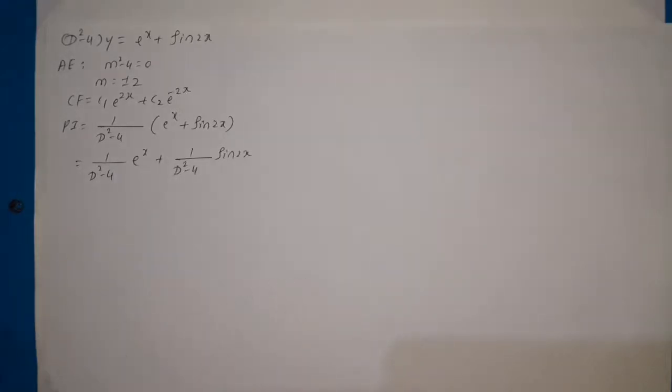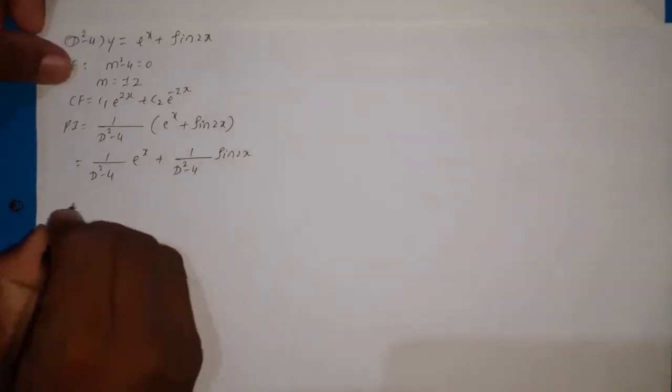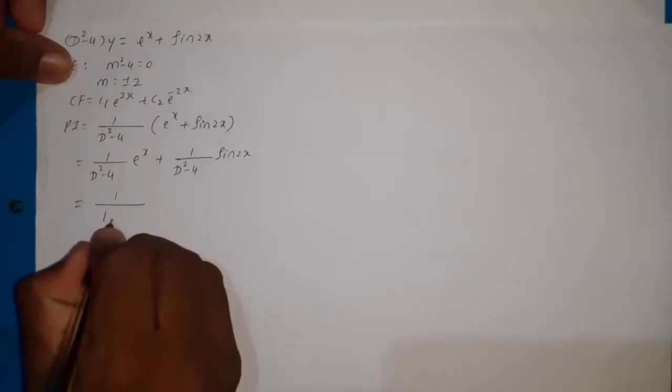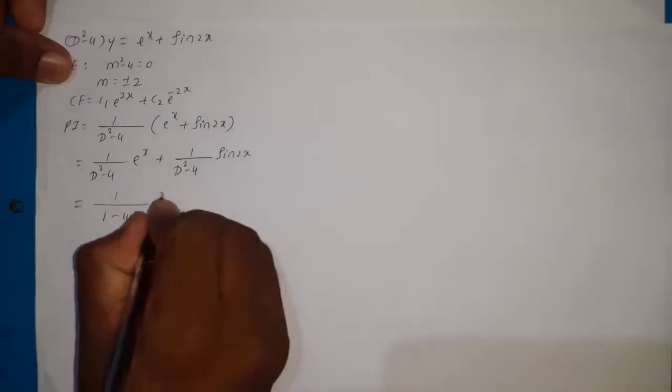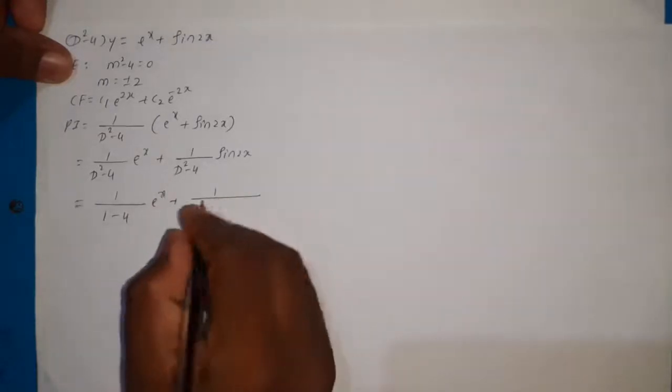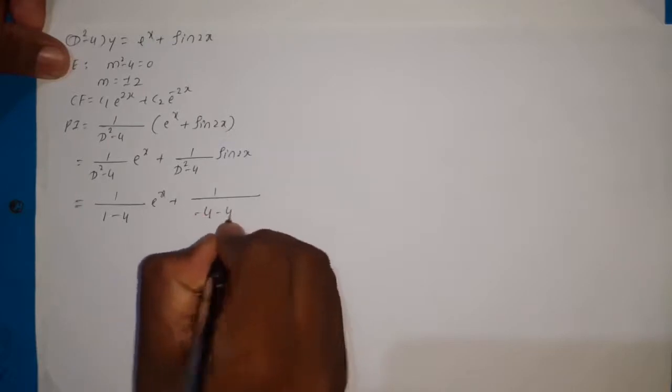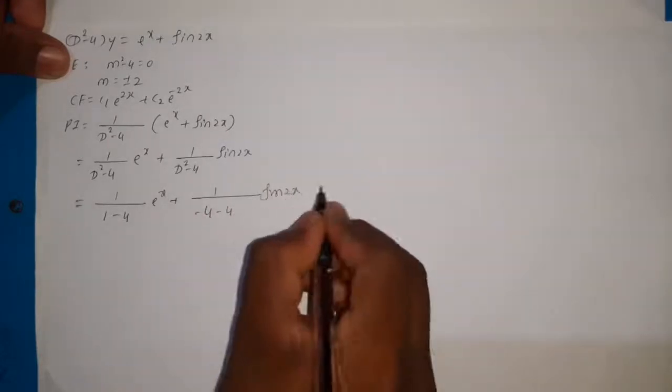So therefore this particular integral is equal to 1 divided by (D square is 1) minus 4 e power x plus 1 divided by, so here D square is minus a square, that is minus 4, sin 2x.